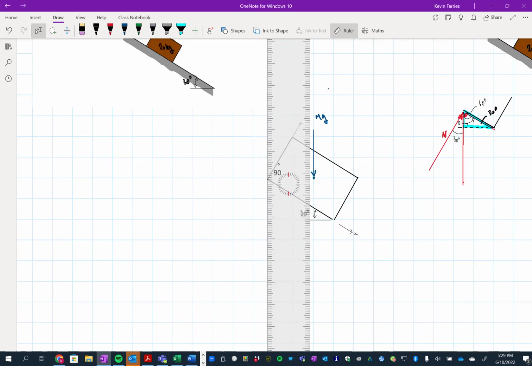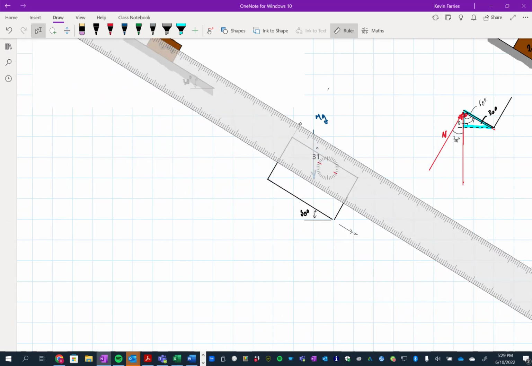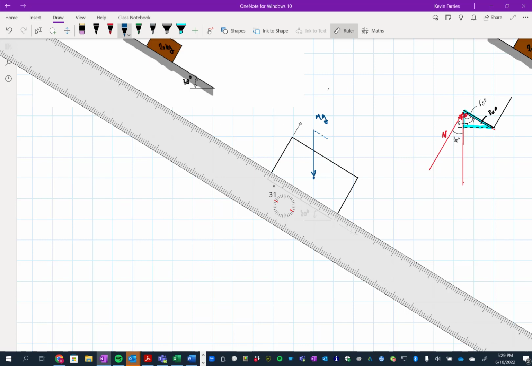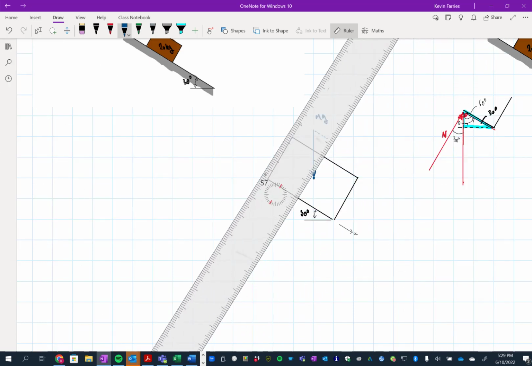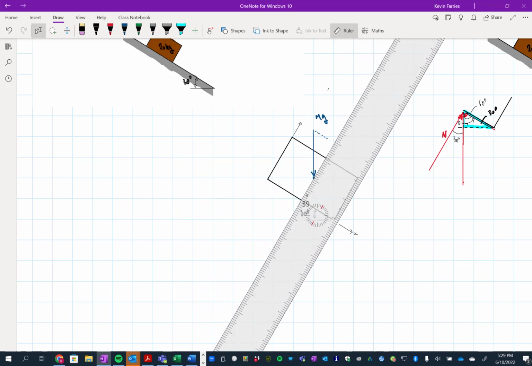So the components of this force in each direction. What are we going to have here? We're going to have one component that's aligned with the slope, so it's going to come this way. I'm just doing head to tail first. Really, its point of action is down at that center of gravity there. And then we're going to have another component normal to that surface, something like so, this way.